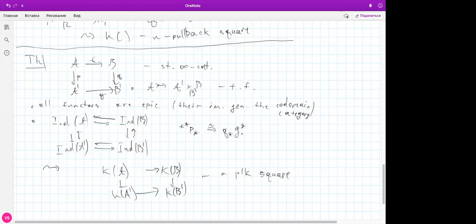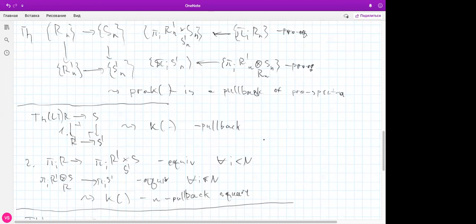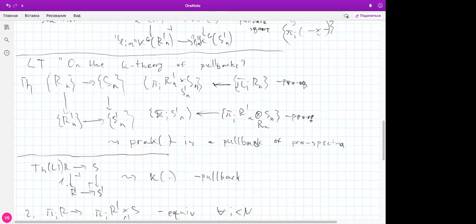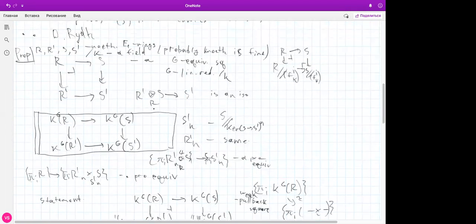So I want to explain this condition. It might look unrelated to what we had before, but this is actually exactly the reformulation of the condition on this right lower part of the square.